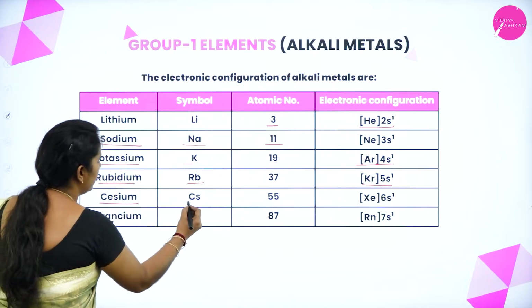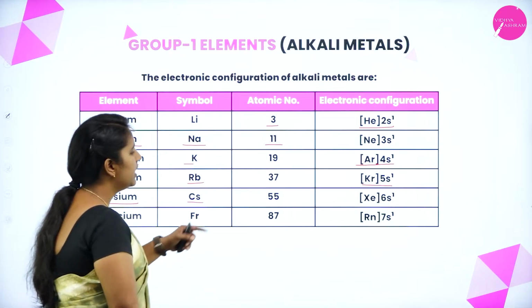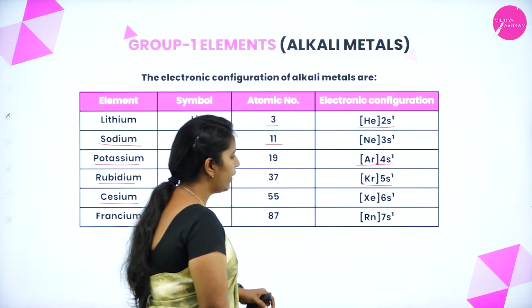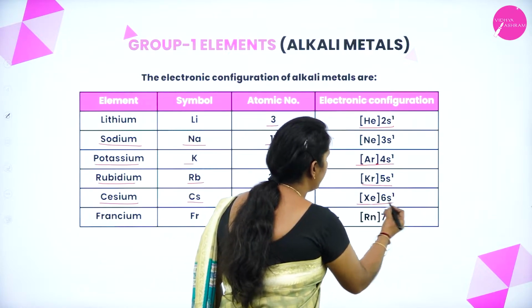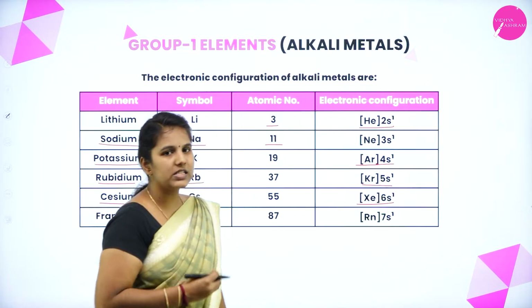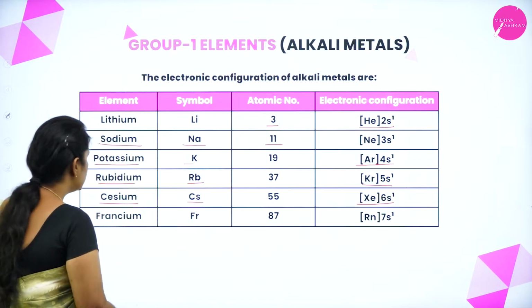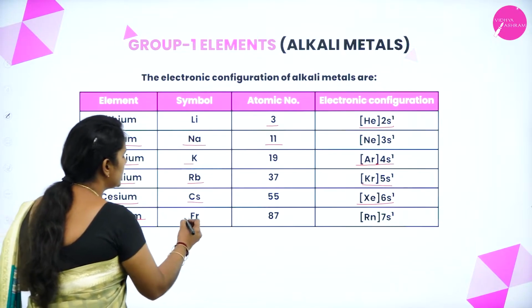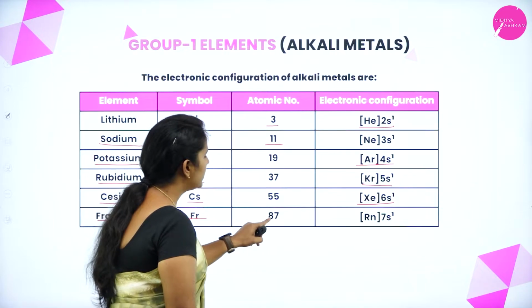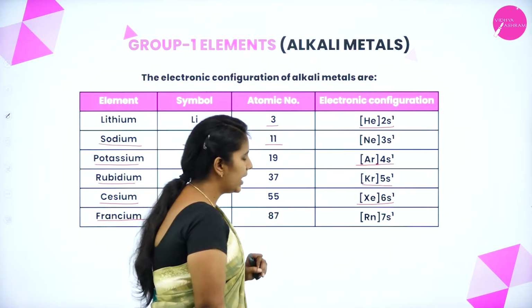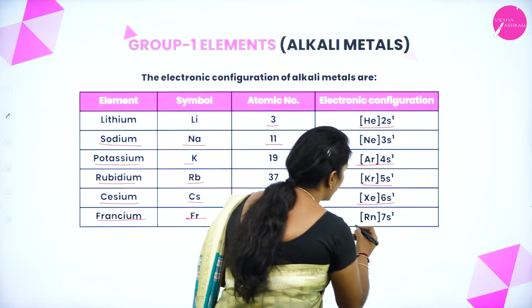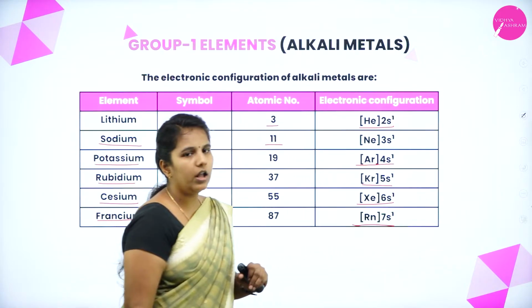Cesium, represented as Cs, has atomic number 55, and its electronic configuration is [Xe] 6s1. Francium, represented as Fr, has atomic number 87, and its electronic configuration is [Rn] 7s1.